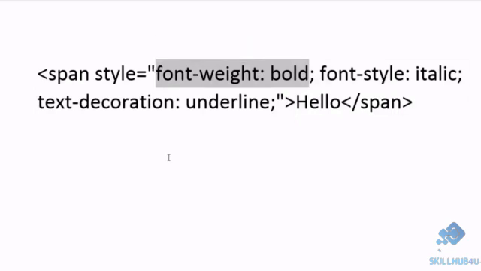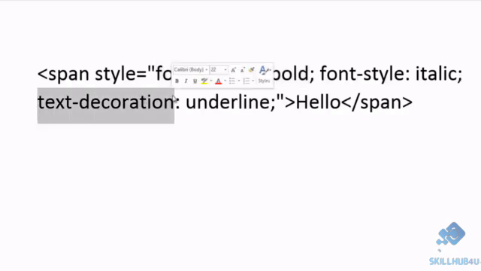It doesn't necessarily have to be the case, but these are things that I use in my own brain to memorize these things. So font weight equals bold. Font style, we have different styles, we have italicize, we have other different styles. And then of course we have text decoration. So you could decorate the text with an underline.